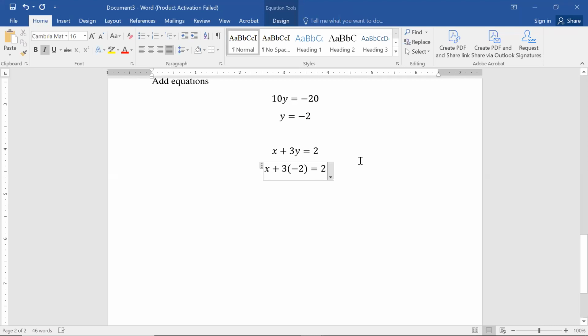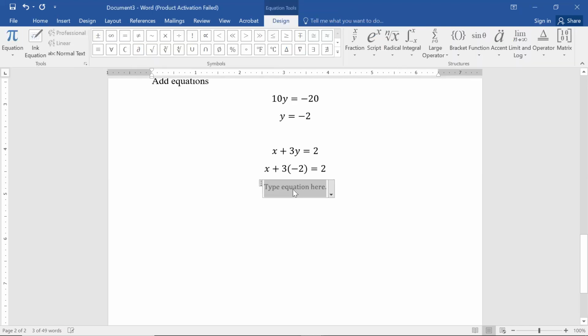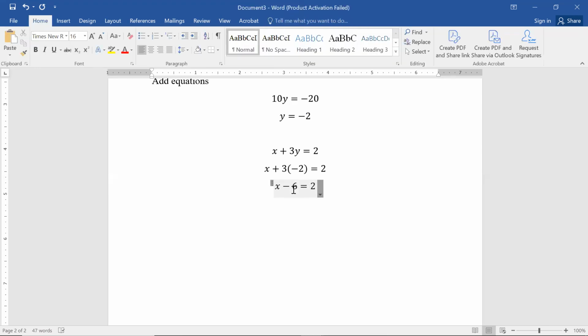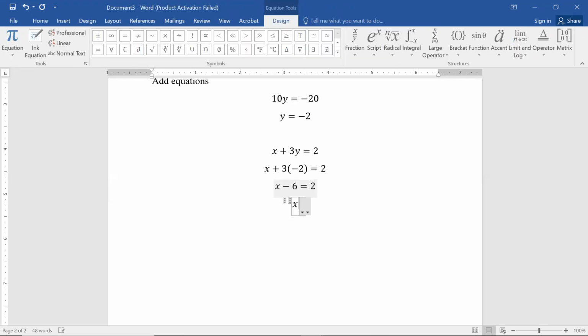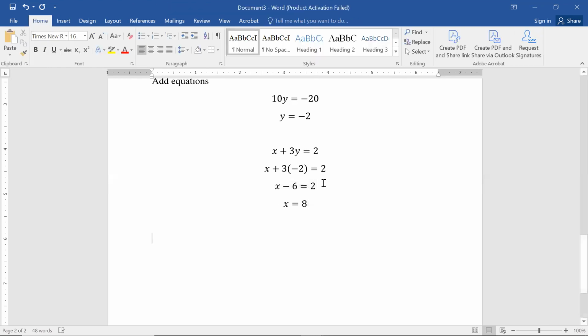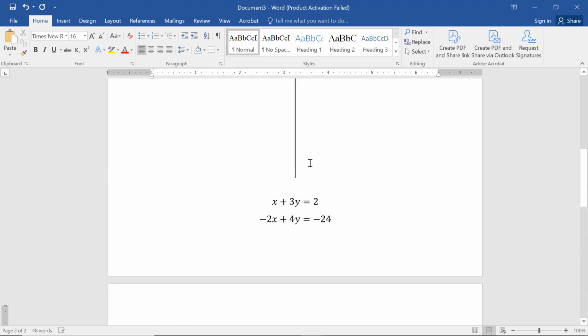So y value of -2. Once you do that, you would add 6 to both sides. Now I have an x value of 8, a y value of -2.